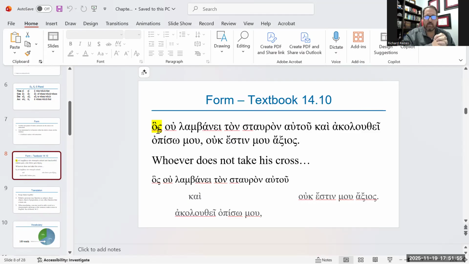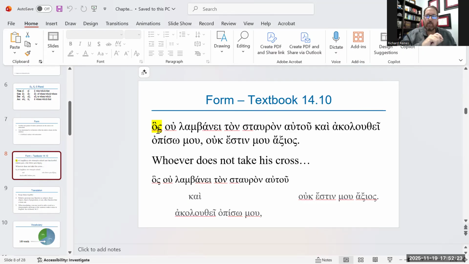That doesn't make sense. So when you're translating a relative pronoun in a sentence, you want to translate it using the basic form, who or whom or which or that, but don't be afraid to add to the word in English for clarity.